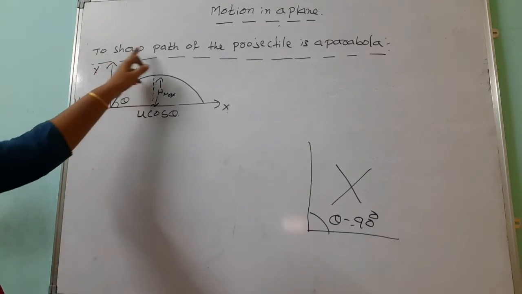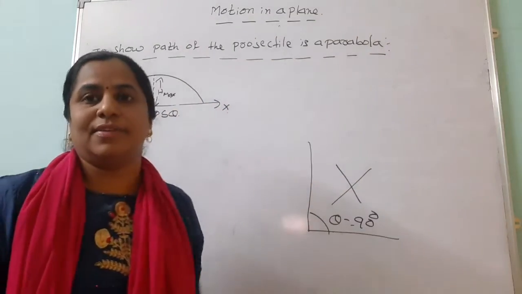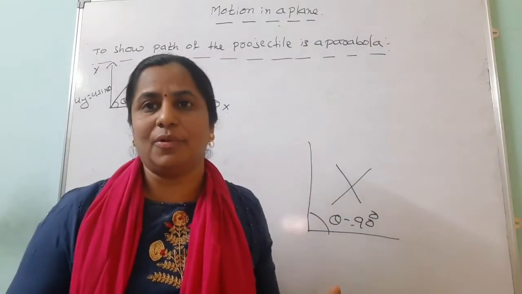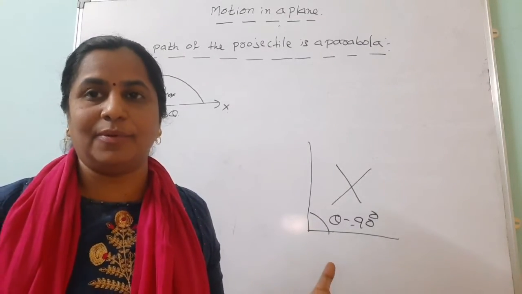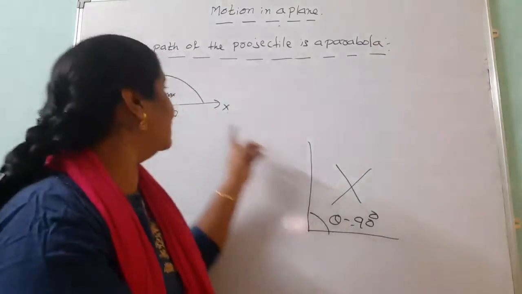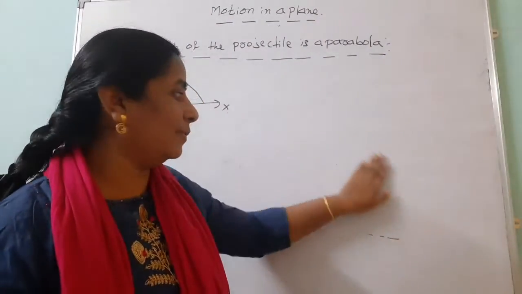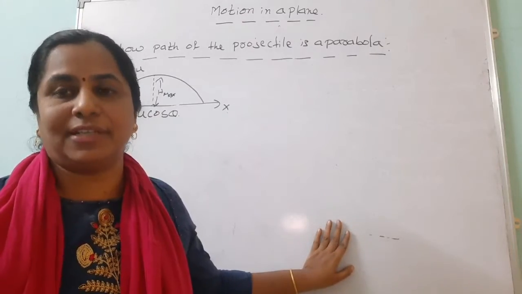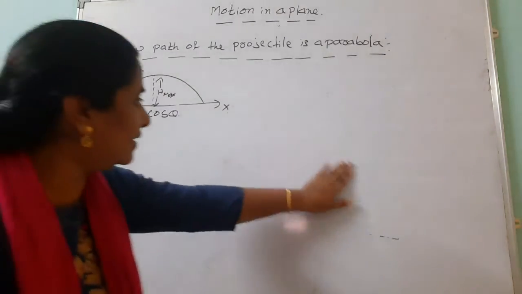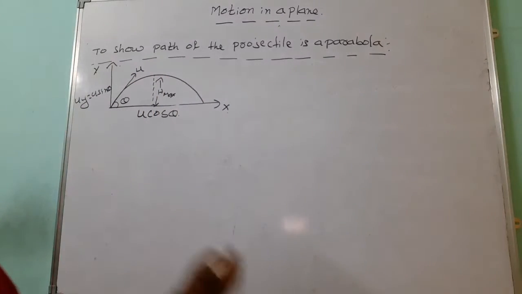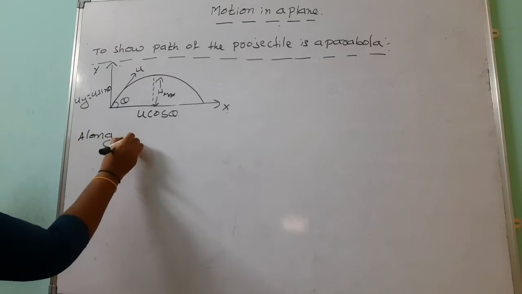What we have to show is that the path of the projectile is a parabola. If a body is projected at an angle other than 90 degrees, that is called a projectile. When we throw it, it has a parabolic path. But according to mathematics also, we have to show that this projectile has a parabolic path. For this, we divide the answer into two parts. One is the motion along the x-axis.